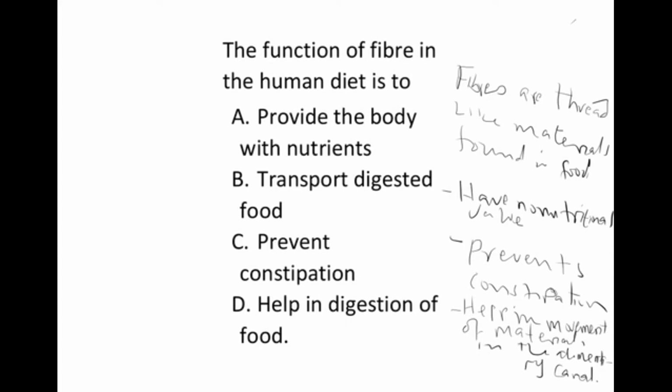So fibers do not help in digestion of food, but helps to prevent constipation. So due to that, you'll find now our answer in that case, it will be C. It helps in preventing constipation.